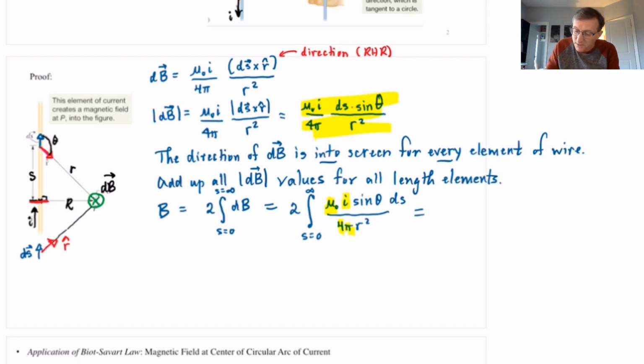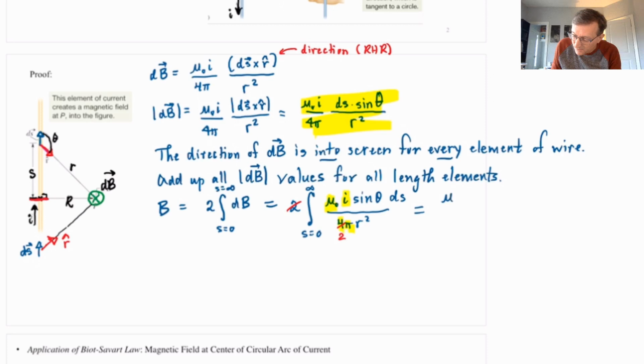By the way, let me cancel the 4 and the 2 there. So if I bring out front the constants, I have mu 0 I over 2 pi, integral from 0 to infinity, sine theta over r squared ds. We have to figure out how to deal with those symbols.